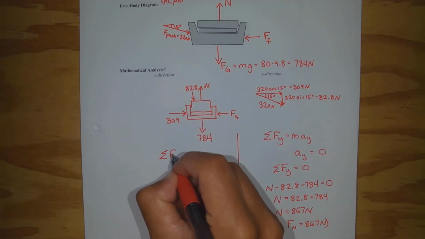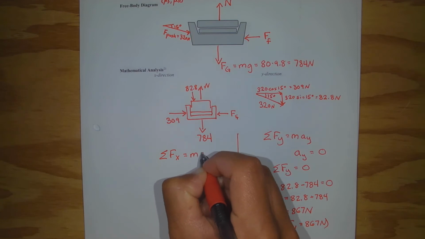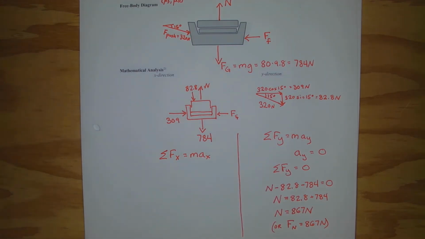I know that the sum of the forces in the x direction is equal to the mass times the acceleration in the x direction, but I do not know whether or not the couch is moving, and so I am going to have to figure out if the couch is moving.